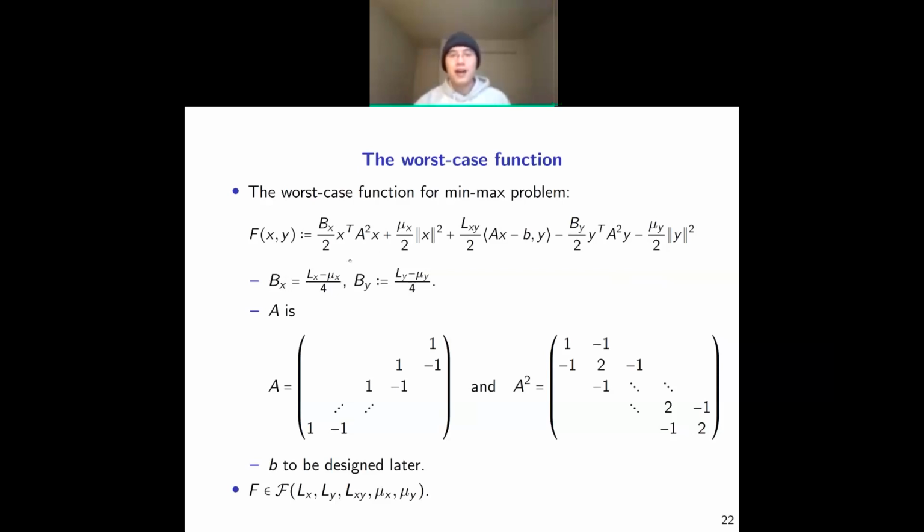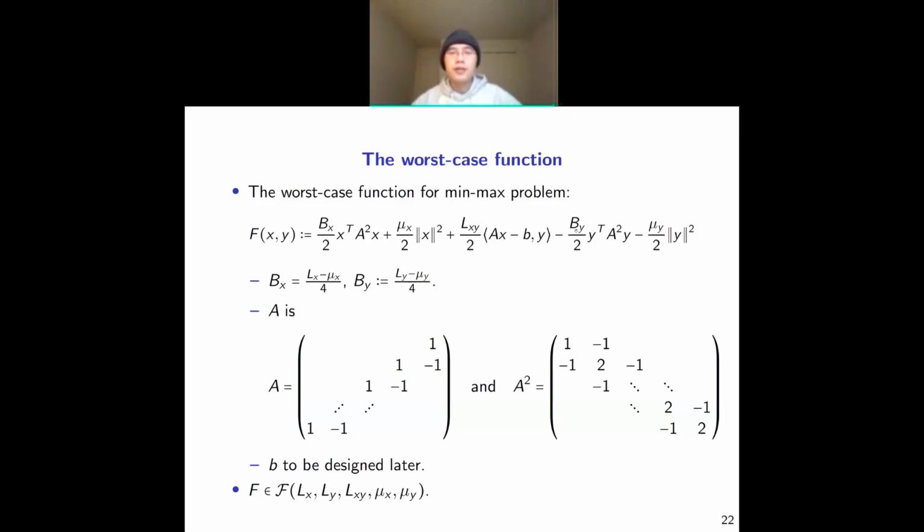So in this case, for any given set of parameters, we construct this worst-case problem, which is a quadratic problem where this is the bilinear coupling term that we're having, and this is a quadratic term that we add to enforce the strong concavity and strong convexity, and these are some quadratic functions here.